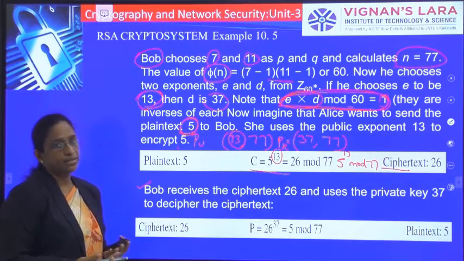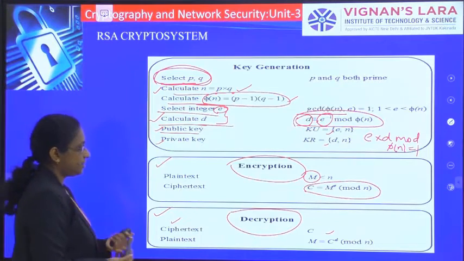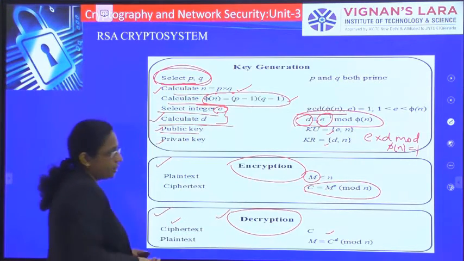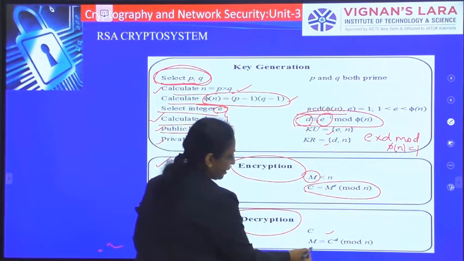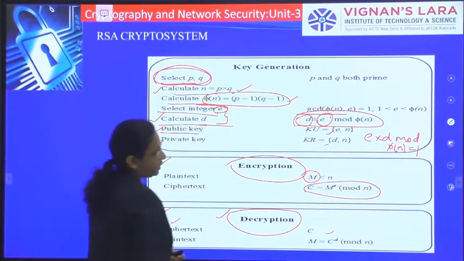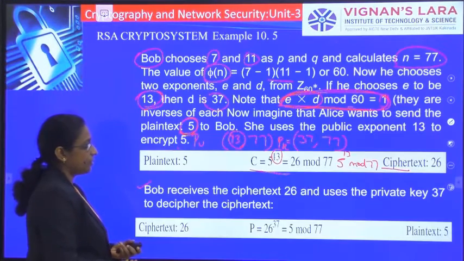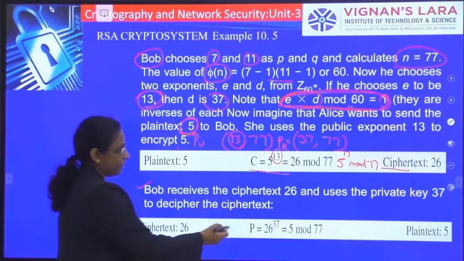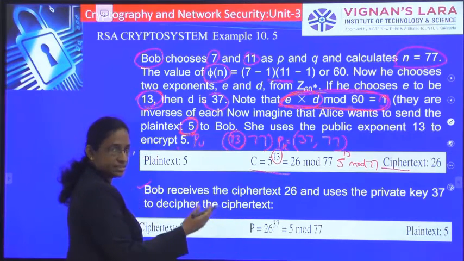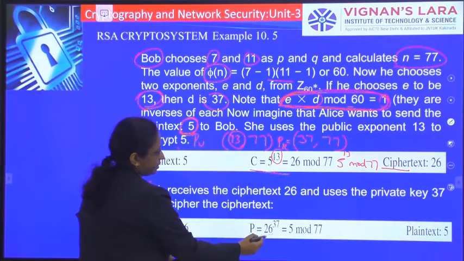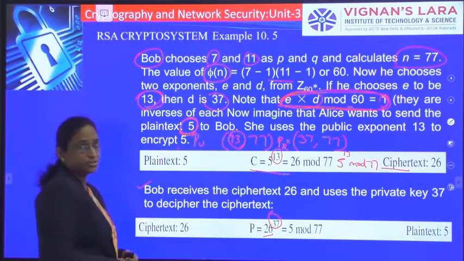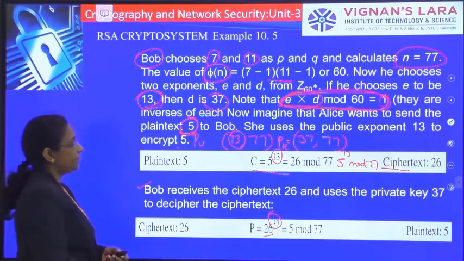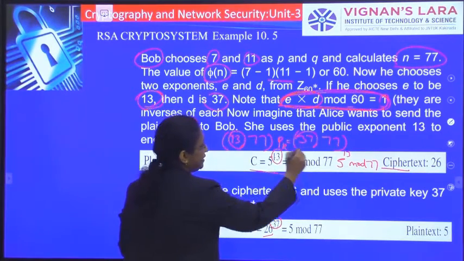Now Bob has to decrypt. This is the decryption process, where m equals C to the power of D mod n. C is the ciphertext, which is 26, and D is the private key, which is 37.